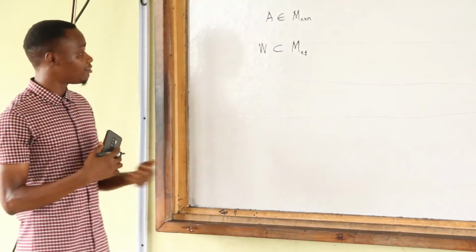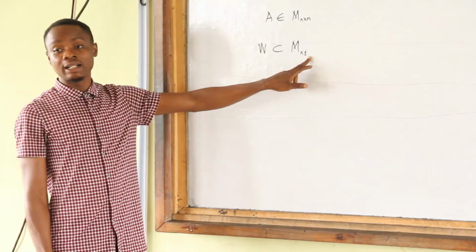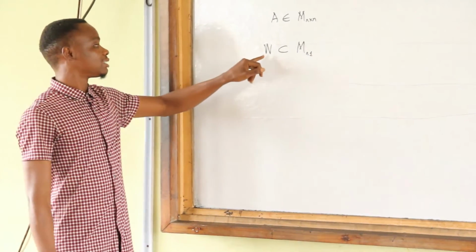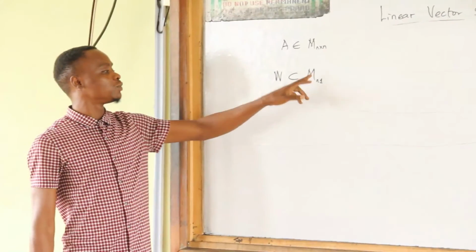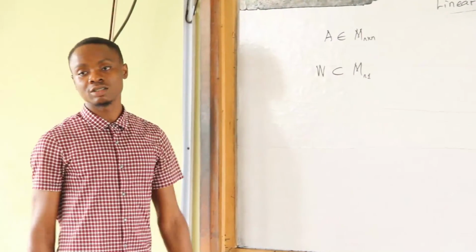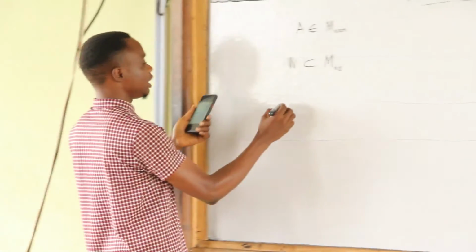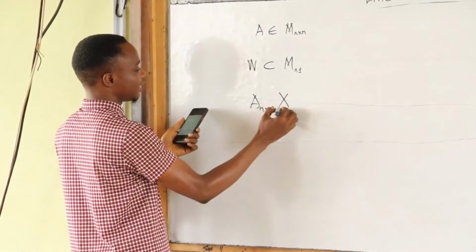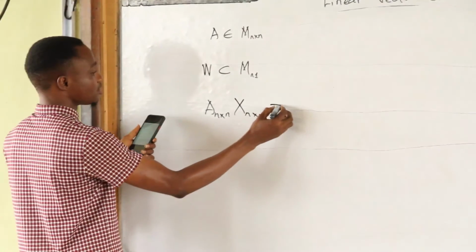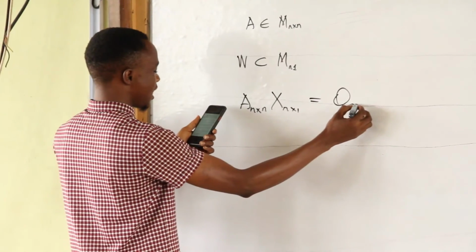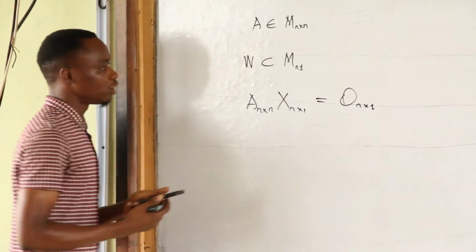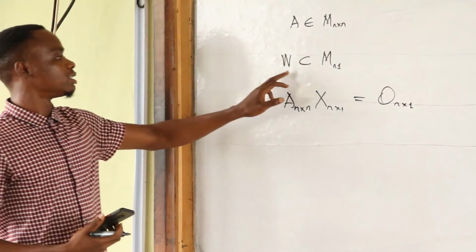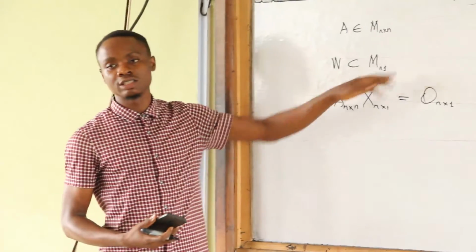So this means that you have an n by 1 matrix. Is it clear? That means that W will contain elements which are n by 1 matrices. And you want to show that these are solutions of this equation, A (n by n) multiplied by x (n by 1) is equal to 0 (n by 1). We want to show that W is a subspace of this.